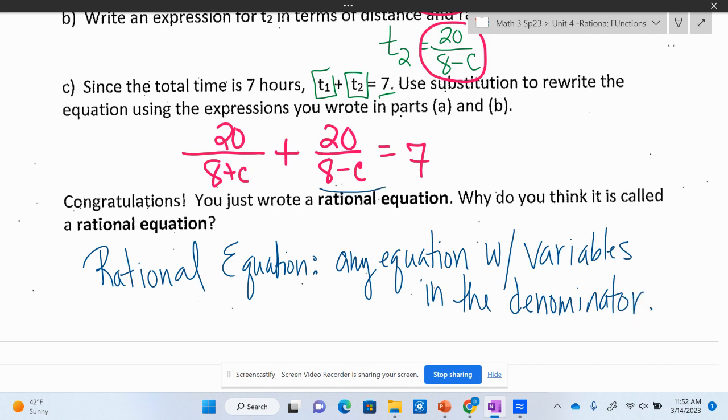And I'm just going to remind you that the word rational pertains to fractions, right? It pertains, relates, I don't know how you want to say it, means fractions. Okay. So a rational equation is any equation that has a variable in the denominator.